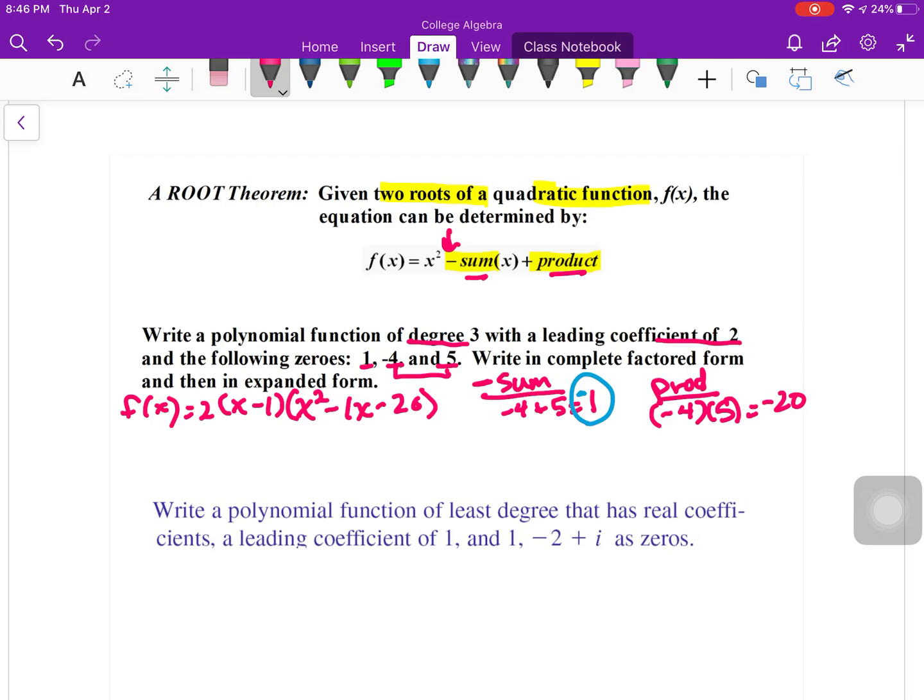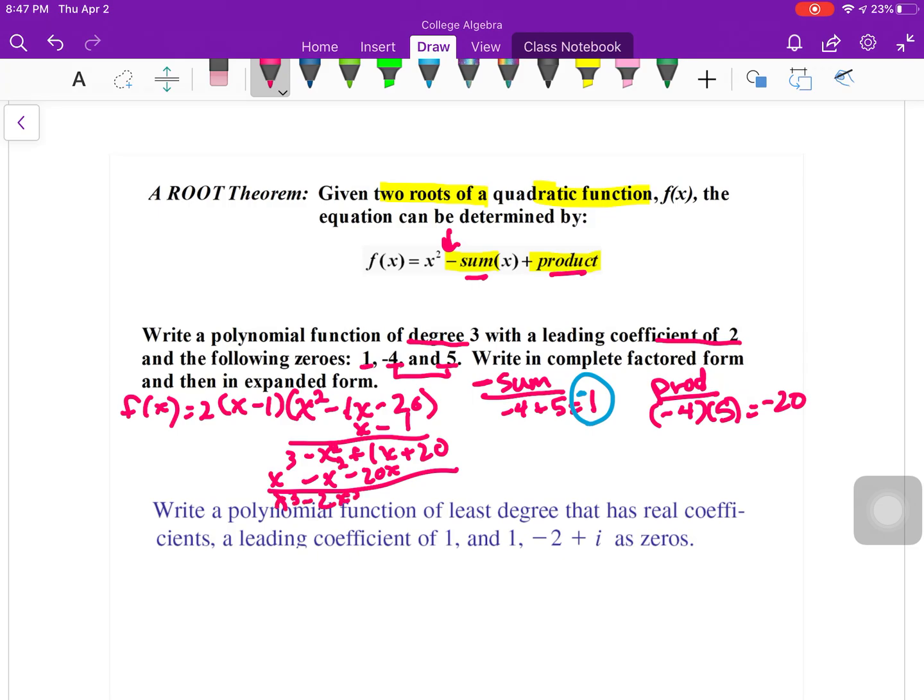So now, if I multiply this out, I like to multiply it this way. I get 20. -1 times -1 is a positive 1x. -1 times x squared is a -x squared. x times -20 is -20x. x times -1x is -x squared. And x times x squared is x cubed.